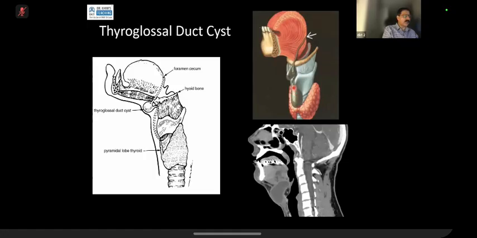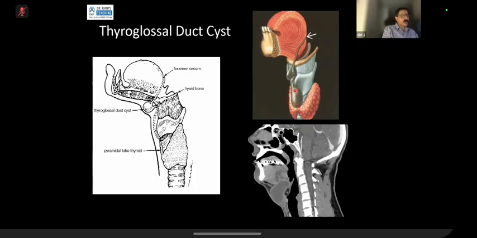Key thing is anatomy. It will pass through the developing hyoid bone, either anterior or through or posterior to it. Then slightly inferior to the hyoid, it becomes parasagittal. It will be within the strap muscles, right and left. And then ultimately it extends to the pyramidal lobe of the thyroid.